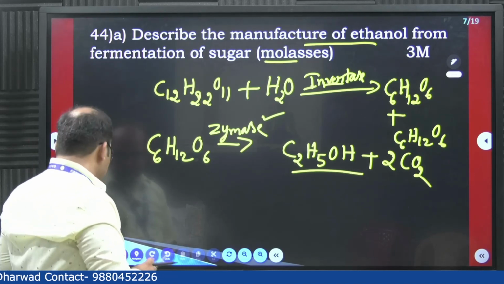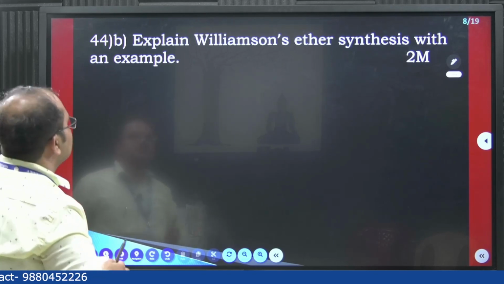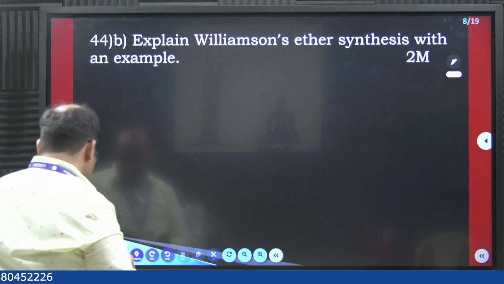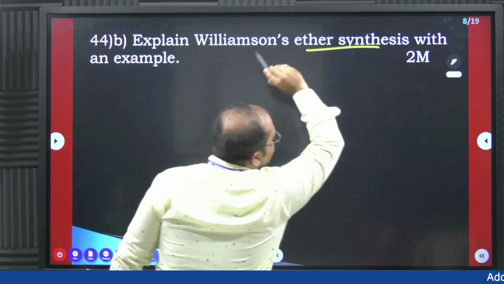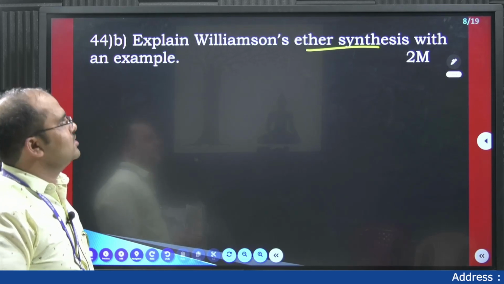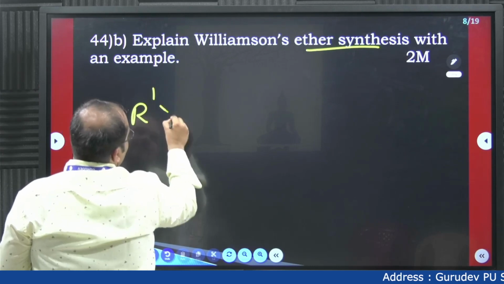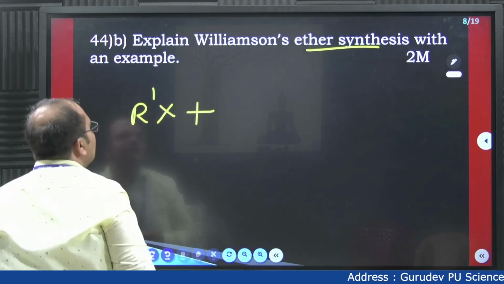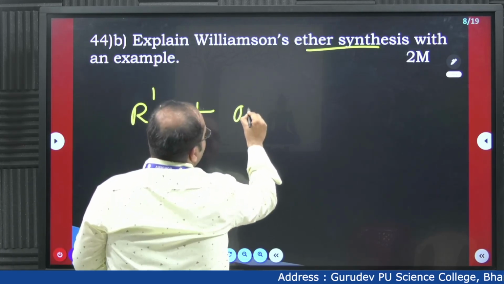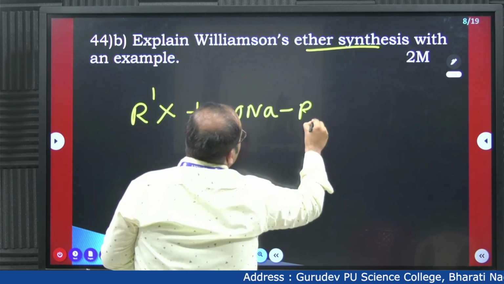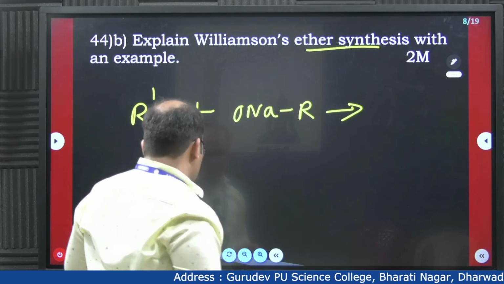Okay, next we shall move on to the next question, that is Williamson ether synthesis with example. The question clearly tells you to synthesize the ether. For Williamson's ether synthesis we take the alkyl halide first, then we add the alkyl sodium oxide.